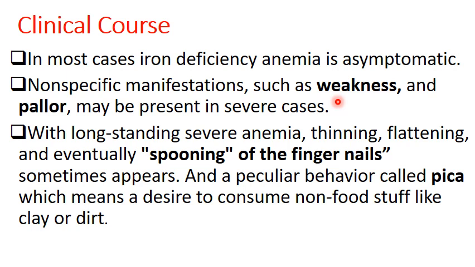Loss of appetite sometimes. In long-standing severe anemia, there are other features that might develop in the patient, such as thinning and flattening, spooning of the fingernails, called koilonychia.